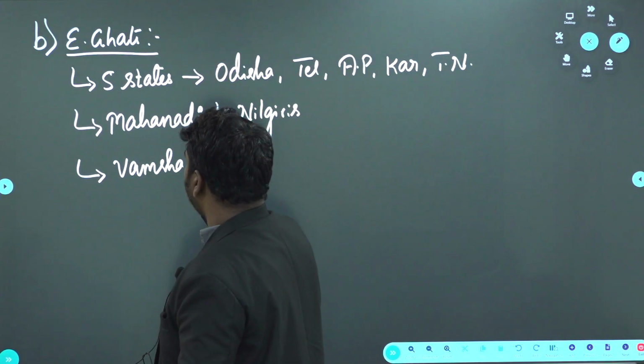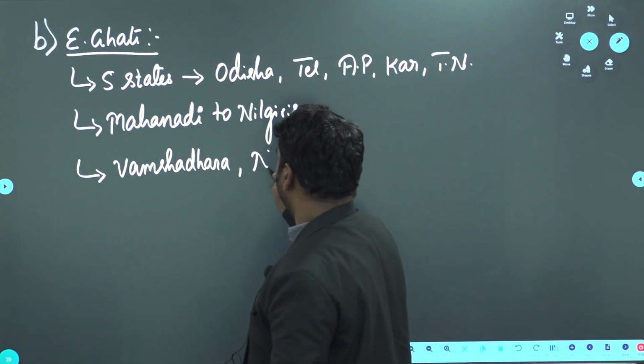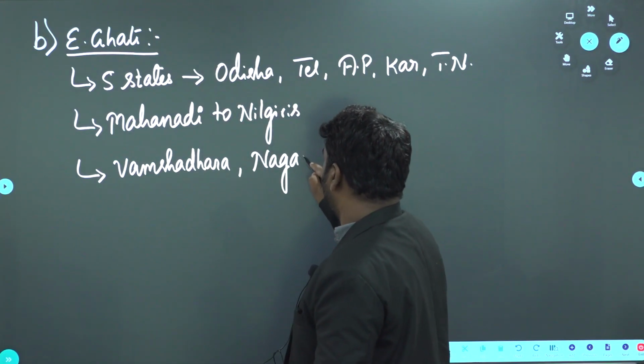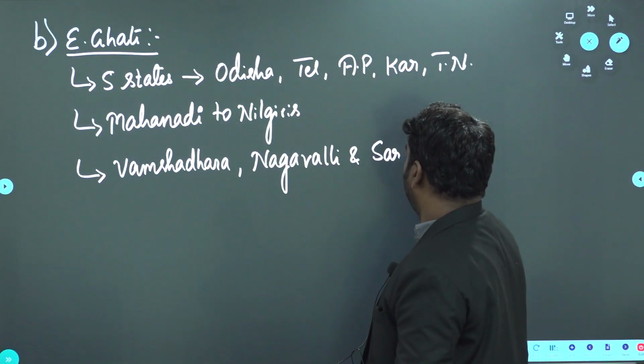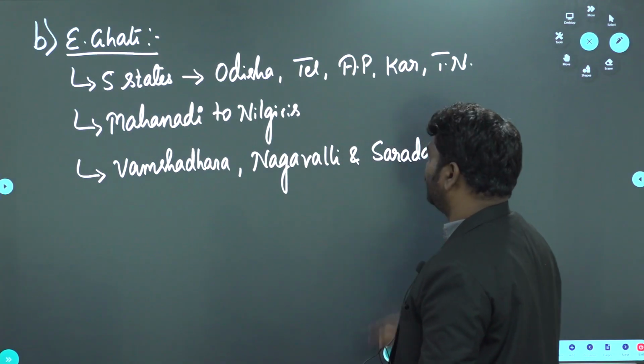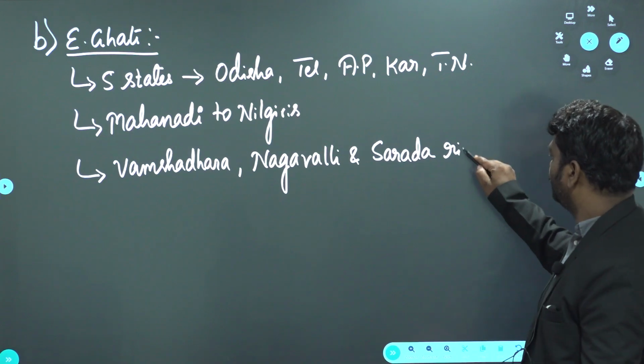It is not water divide. Very important, last time prelims question. Vamshadhara, Nagavalli, Sharada rivers originate.